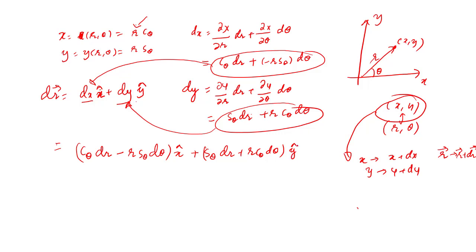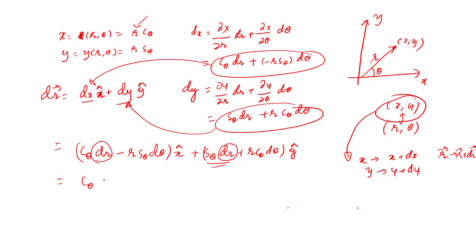So now let's do a little bit of rearrangement here. What I'm going to do is club all the dr elements together. So I would have cosine theta dr along x, and I would write sine theta next to it. Let me just simplify it even more.